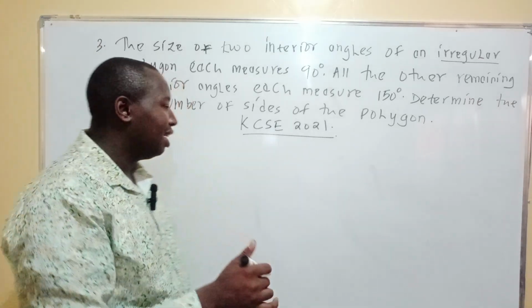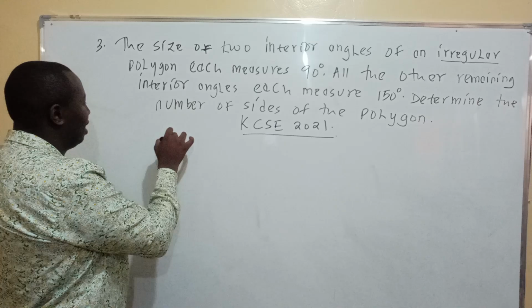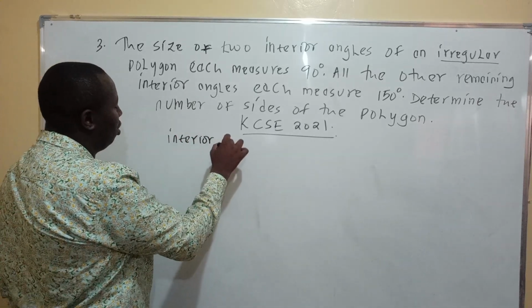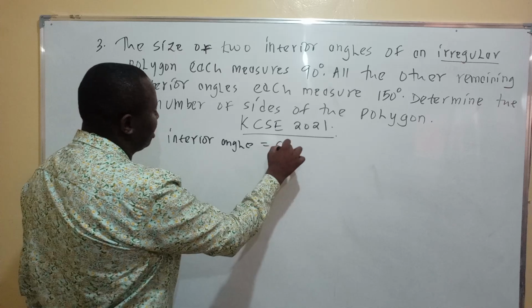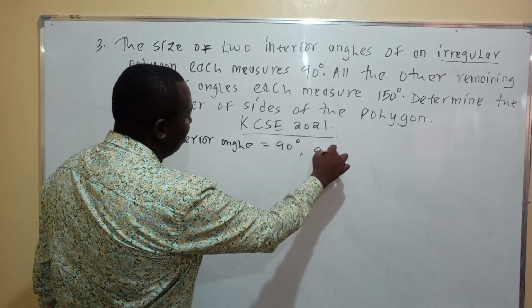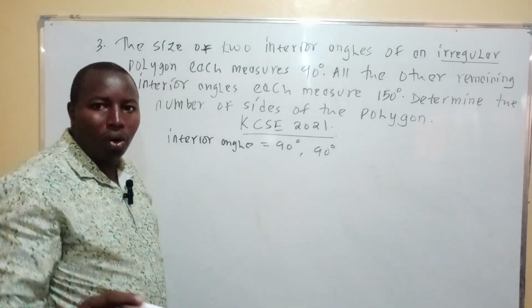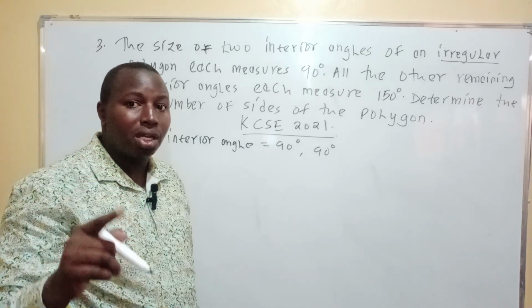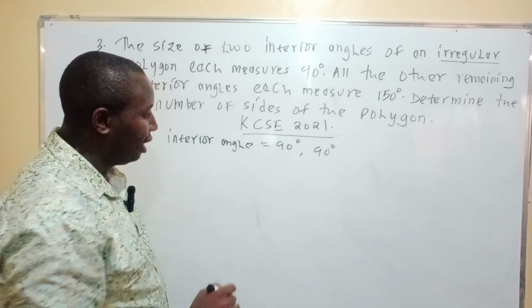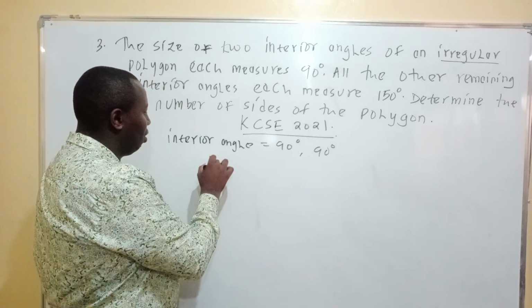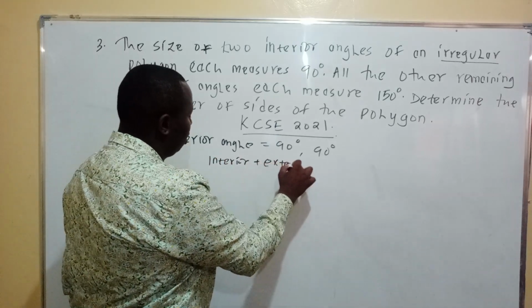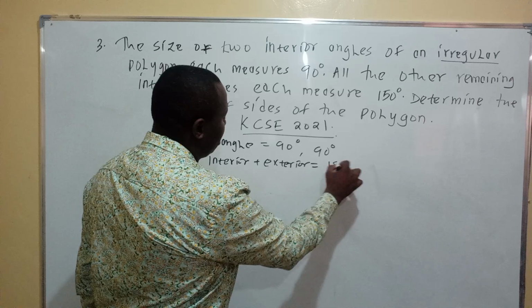When we are given the interior angles, one is 90 and another one is 90, you need to know the concept that interior angle plus exterior angle equals 180.